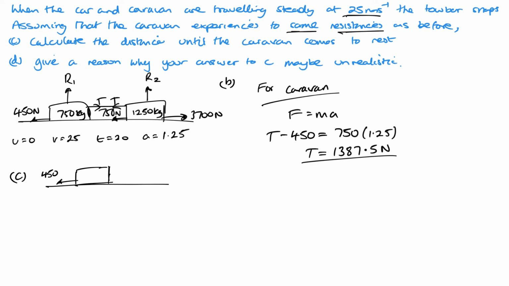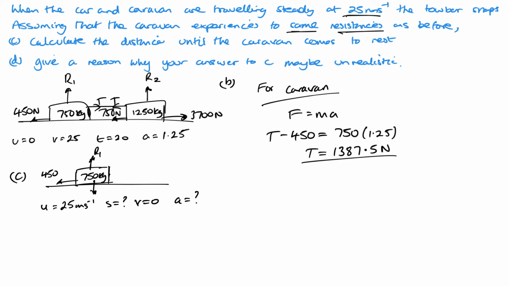We've got our 450 newtons, it's 750 kilograms. We know that its initial speed was 25 meters per second. We want to find the distance, but we don't know it, and we know V equals 0, and that's about all we know from this initially.